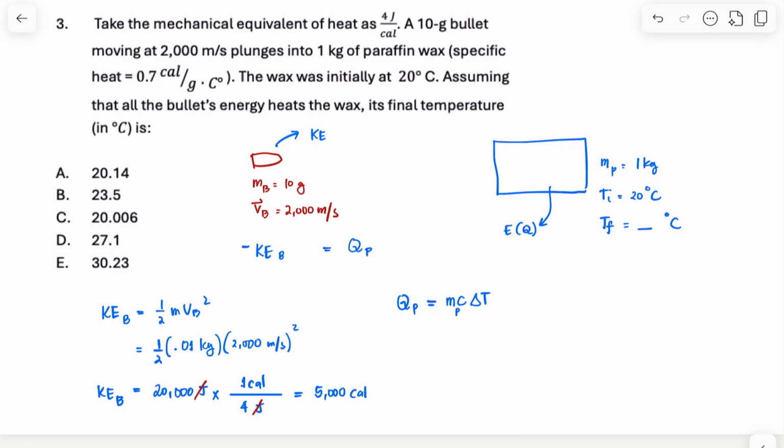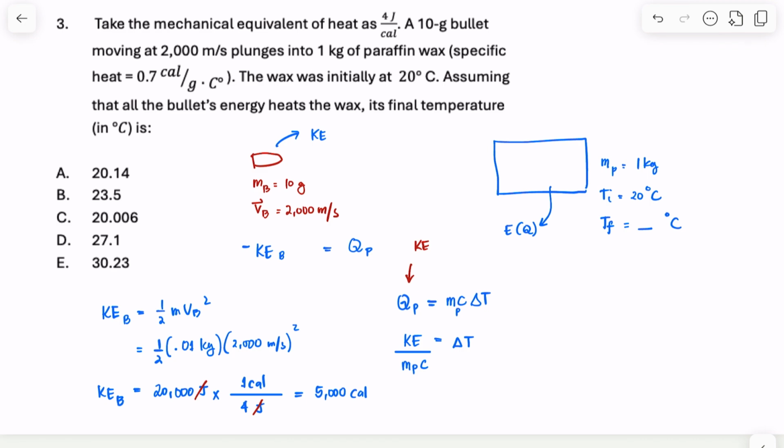Now, this Q_P here is simply the kinetic energy provided by your bullet, because after all, they are just energy, so they can be equated with each other. So let me put this as KE is equal to m_P c_P delta T, so that the right hand side will be left with delta T.